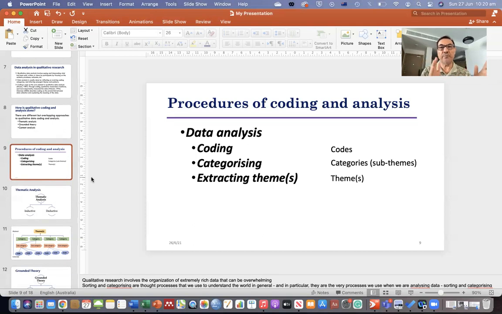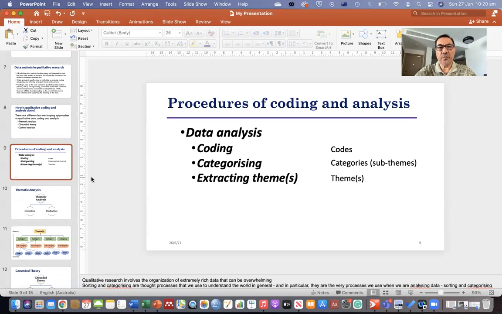And once you reduce the raw data into a manageable number of categories, then finding a relationship between categories and extracting themes or patterns related to the research question and research problem.